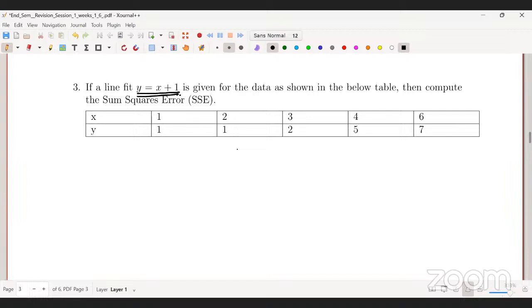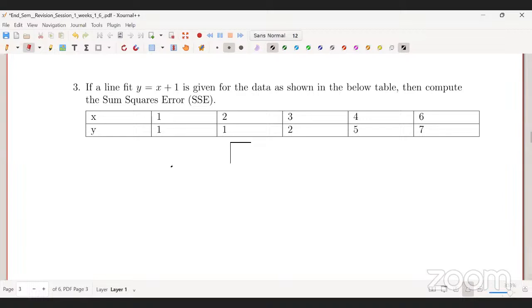So can one of you tell me how I should compute the SSE? What is the formula for this SSE? Sir, the actual value of y minus the predicted value. Correct, whole square.